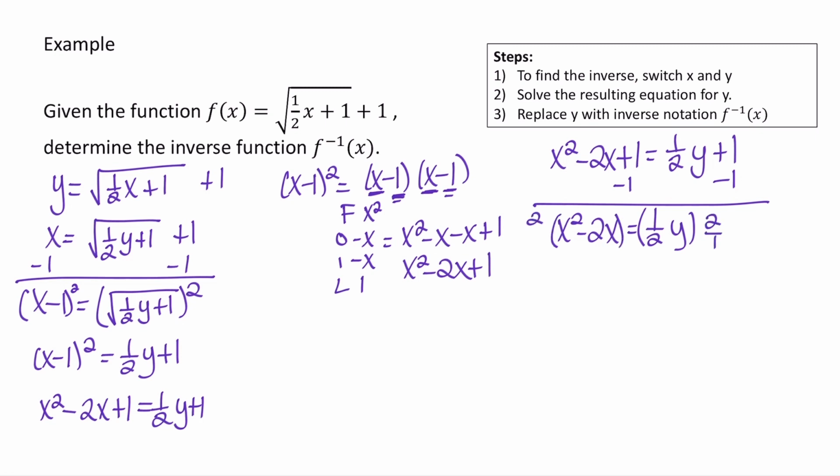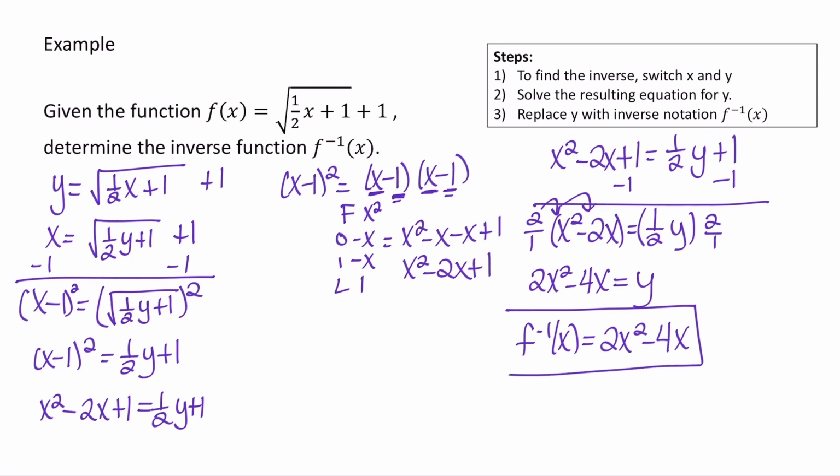When I multiply by 2, I want to multiply every single term in my equation by that 2. So the 2 is going to distribute. So I have 2x squared minus 4x equals y. And so now I finally have my equation solved for y, right? So I can say that f inverse of x equals 2x squared minus 4x. And that is now my inverse function.